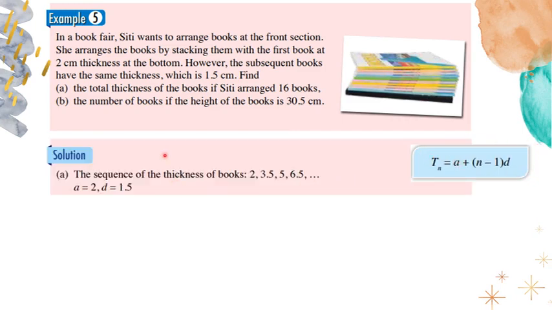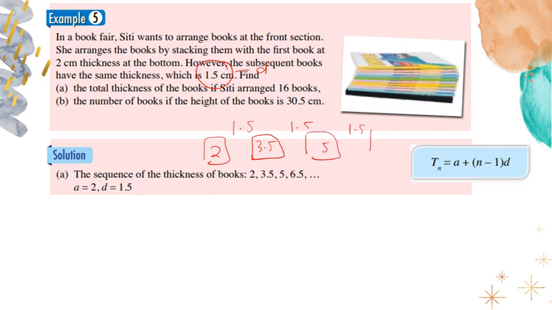So solution for A, okay, try to come up with the information first. So D, remember that they already told you that this one is D. Okay, first term is 2. So 2, the first one. So if we add 1.5, the second one you will get 3.5. You add another 1.5, you will get 5.